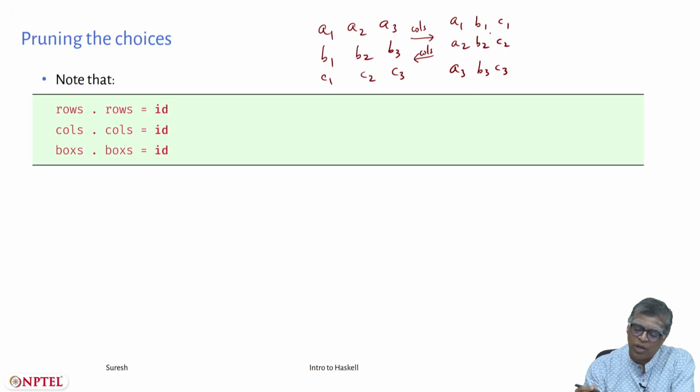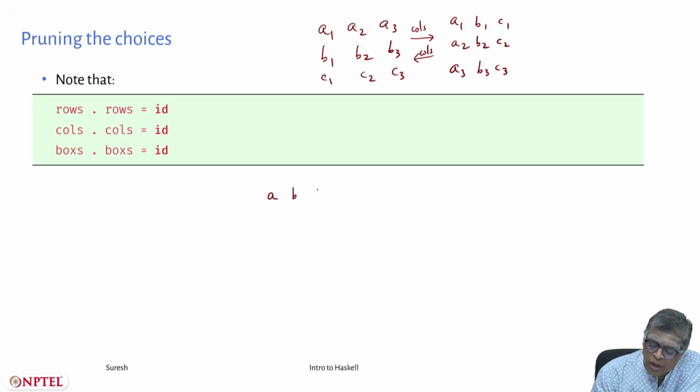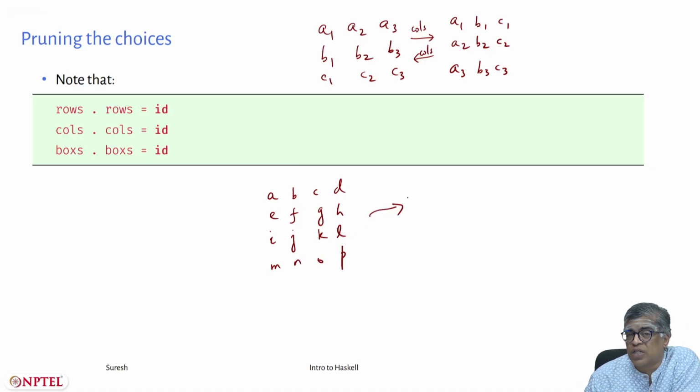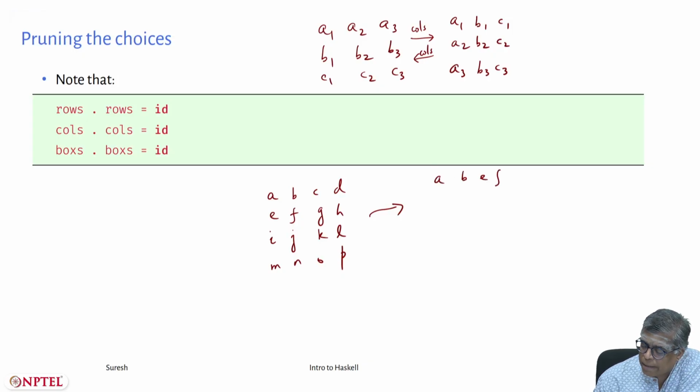Going to that earlier example, A, B, C, D, E, F, G, H will go to a list of lists where each list is a 2 by 2 box, but that list of lists I will write as a matrix. So the first row I will write the first 2 by 2 box, which is A, B, E, F.